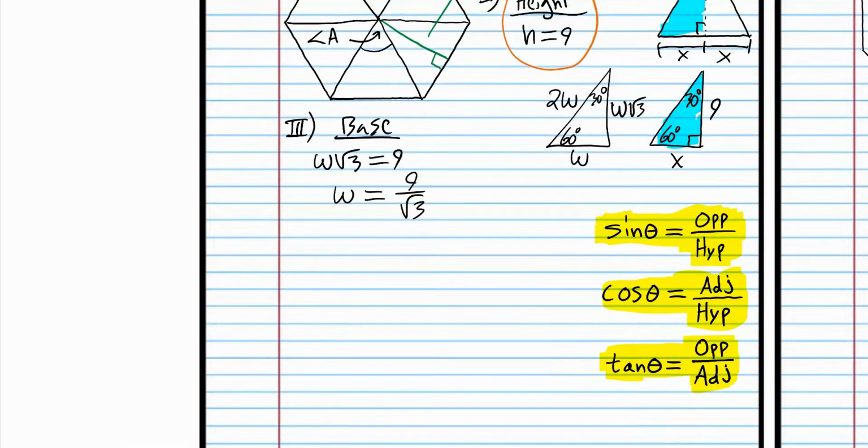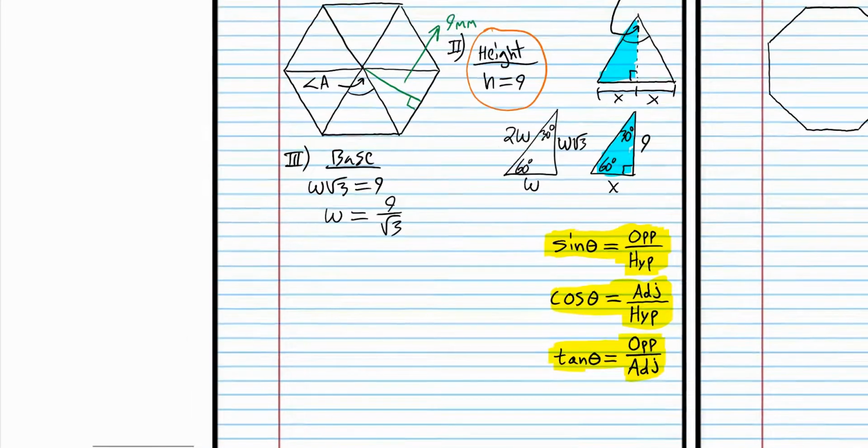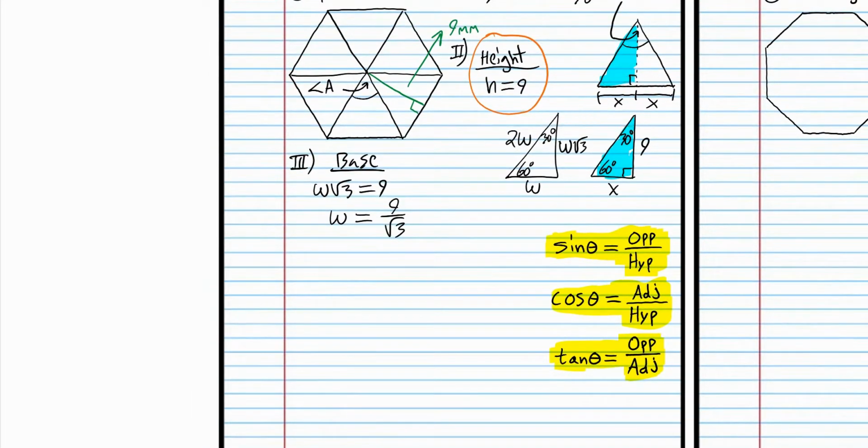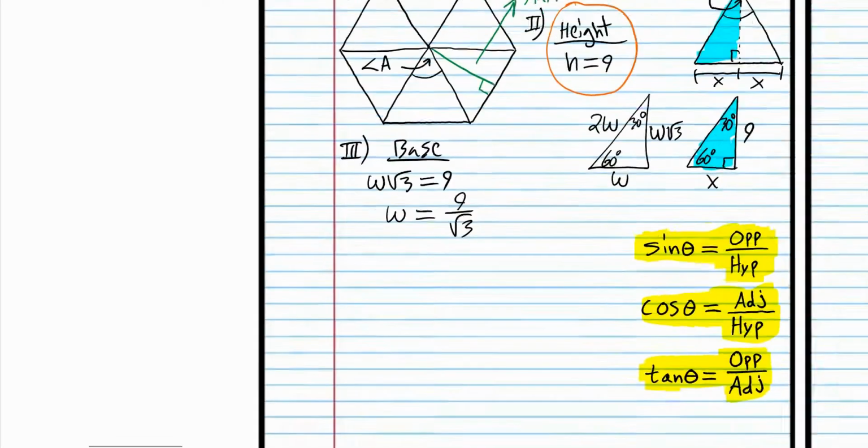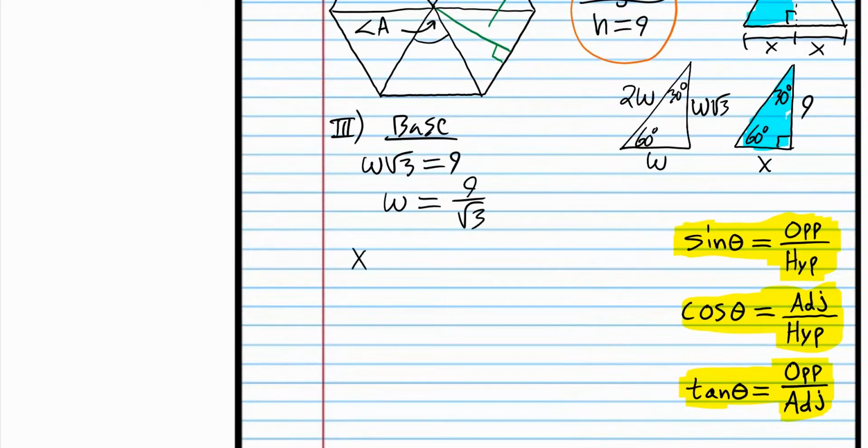So now we have W. Why do we want W? Because now W is the base of that triangle, and we just multiply it by 2, and we get the base of the triangle we're actually looking for. So x is equal to W, which is equal to 9 over root 3. But we don't want x, we want 2 times x.